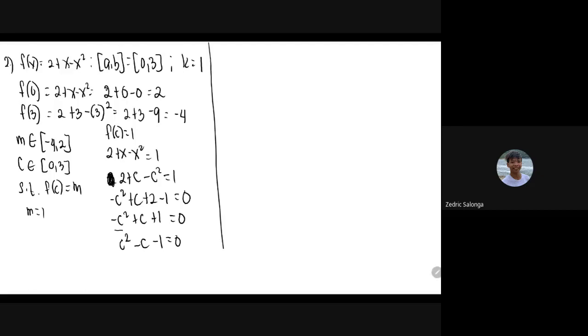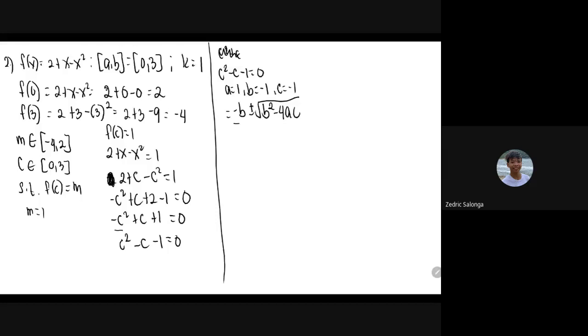So for the quadratic formula, c squared minus c minus 1 is equal to 0. Our a is 1. You list down the numerical coefficients. b is negative 1, and our c is negative 1. And we know that the quadratic formula is negative b plus or minus the square root of b squared minus 4ac, all over 2a.